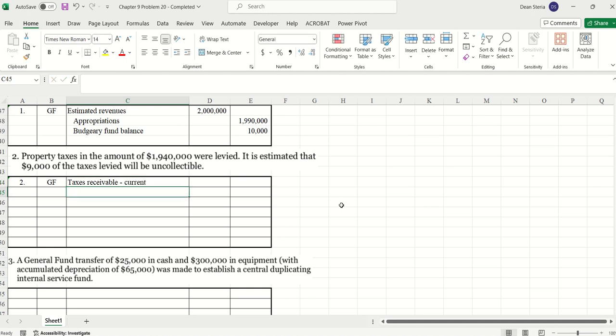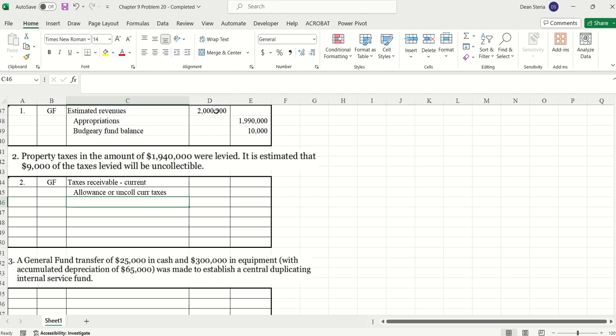Okay, and then we have our allowance for uncollectible, the allowance for uncollectible current taxes.